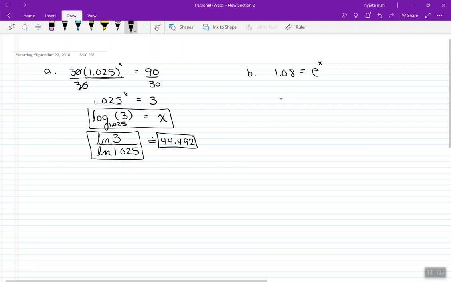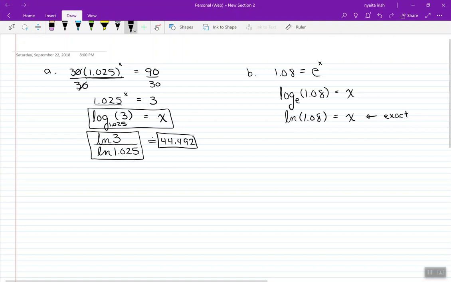So it's going to start with log base, and the base of the exponent is e, of 1.08 equals the power. Now log base e, remember, we've defined as the natural log. That's my exact answer right there.